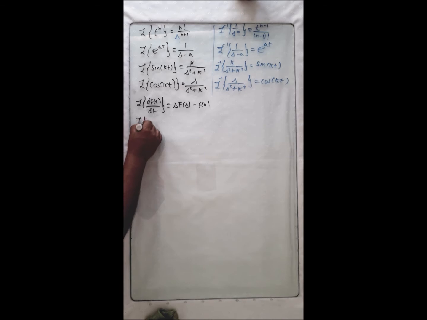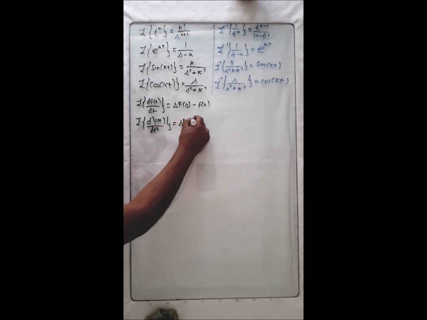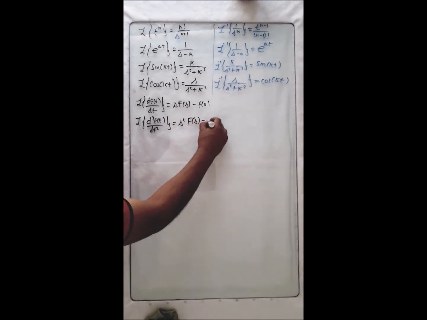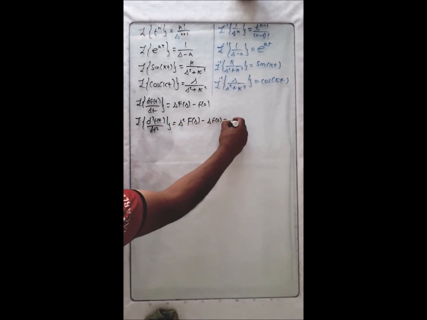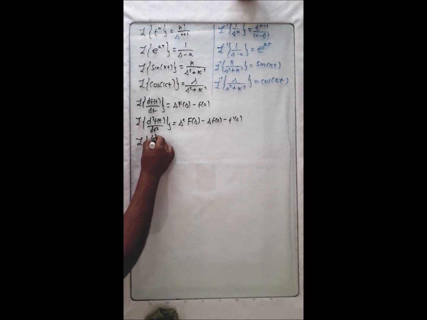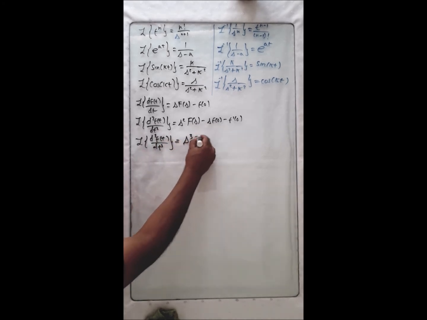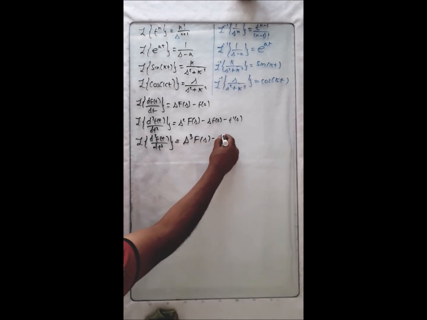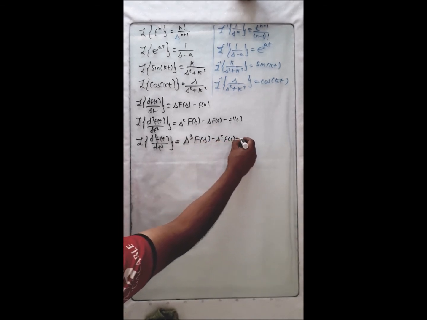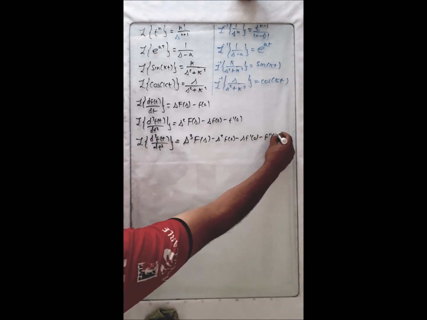The Laplace transform of the second derivative, s squared F of s minus s f of 0 minus f prime of 0. And the Laplace transform of the third derivative is going to be s to the power 3 F of s minus s squared f of 0 minus s f prime of 0 minus f double prime of 0.